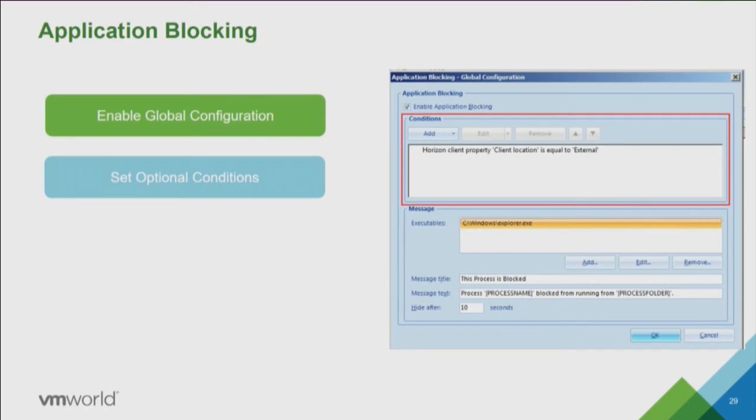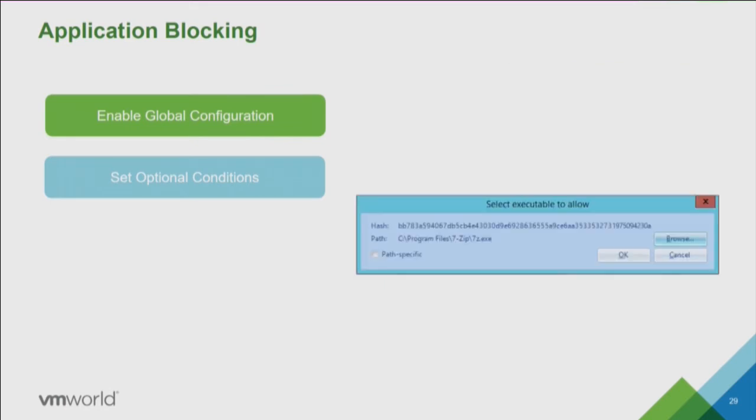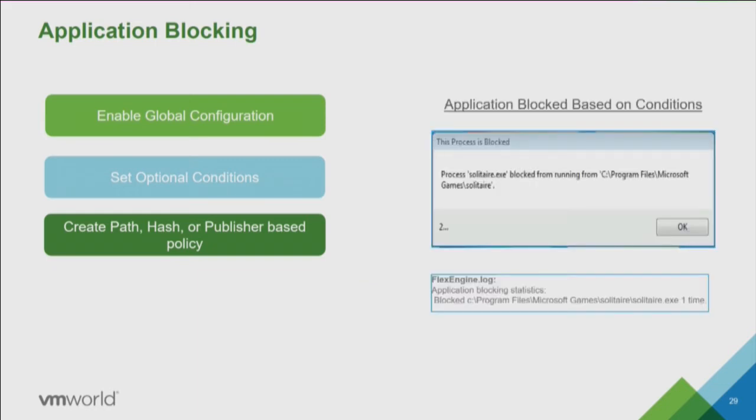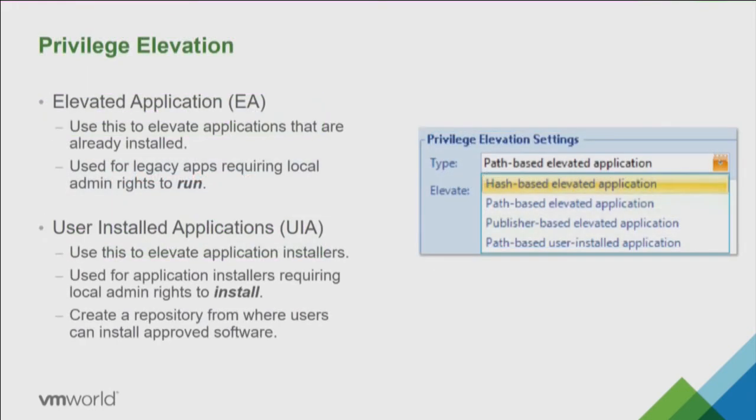So you enable it, you define the conditions, you define the application you want to block, and you can do it as easily as just browsing to the path of the executable. Then if the user tries to launch that application, they get an error message, and it's also, as you can see at the bottom right there, logged. And you can use a tool, for example, like vRealize Log Insight, to look for that and document and monitor what's going on.